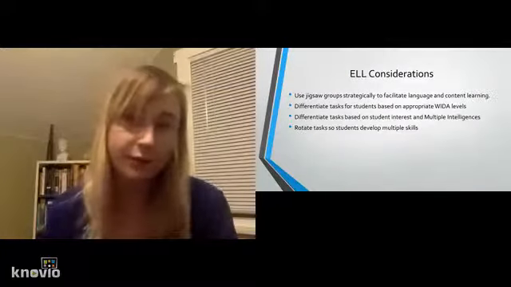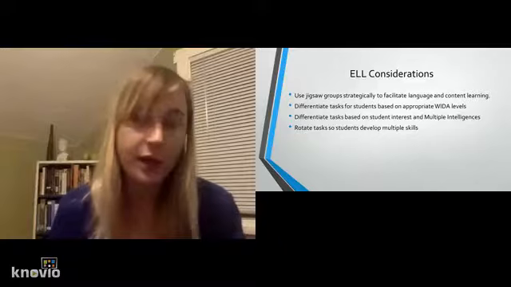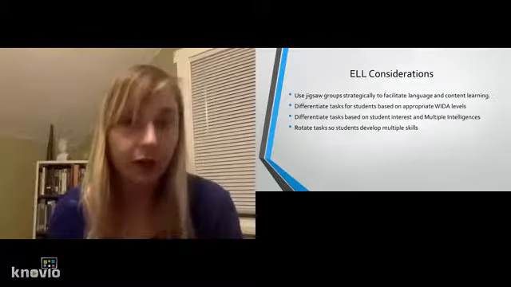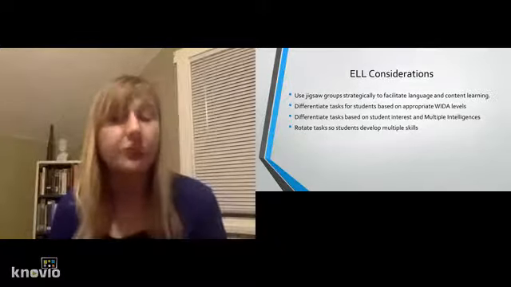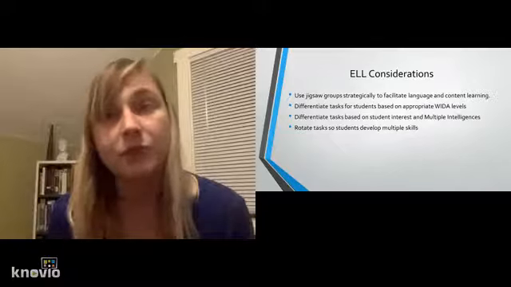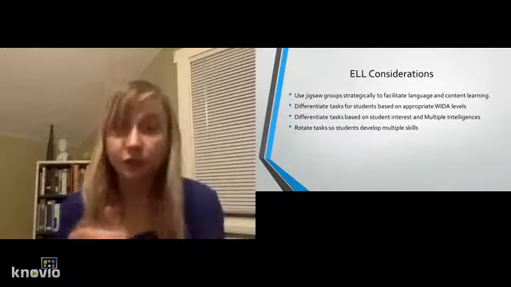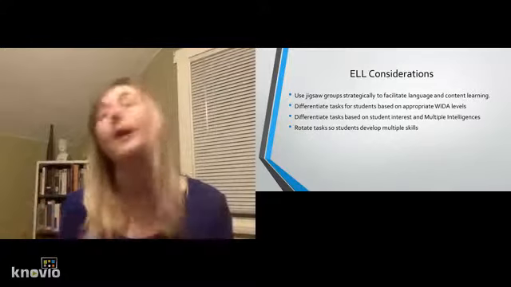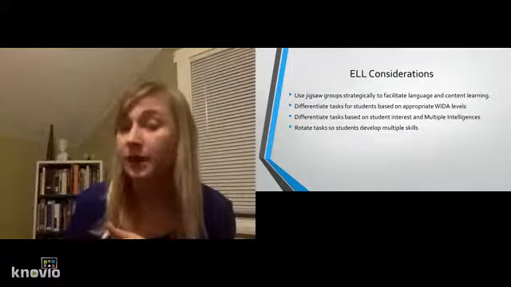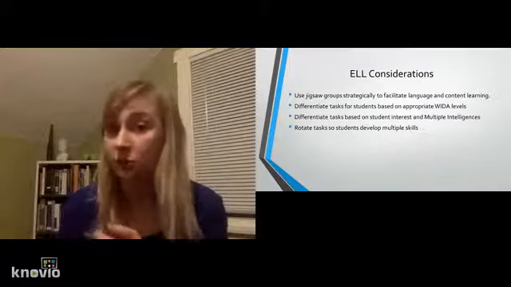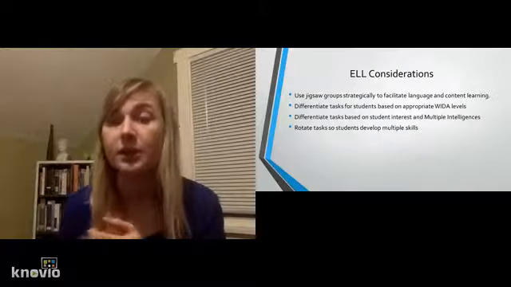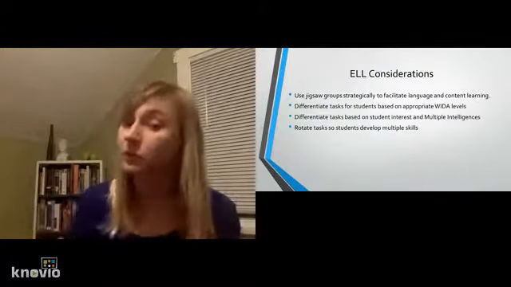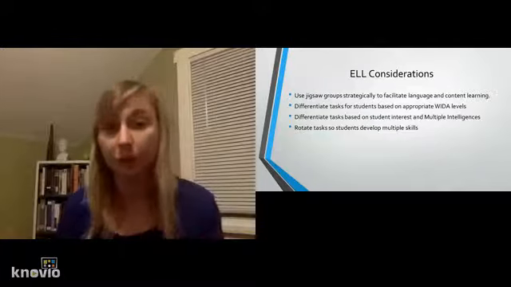Some things to consider for English language learners when doing cooperative learning are you can use jigsaw groups really strategically to facilitate both content learning and language learning. So differentiate your groups based on both heterogeneous groupings and homogeneous groupings. And you can use things like the WIDA can-do descriptors to help you build those groups appropriately.